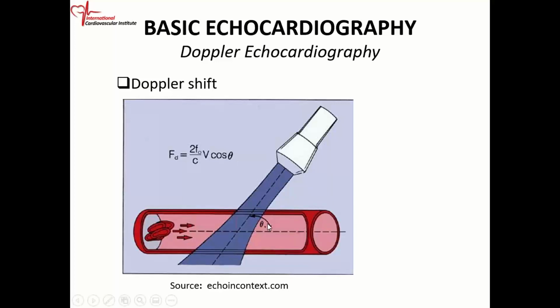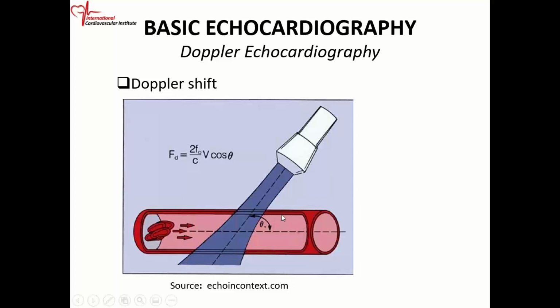So when you're doing your ultrasound, you have to put this into practice. You want to make this angle theta as close to 0 as possible, so you can get maximum Doppler shift and maximum velocity.